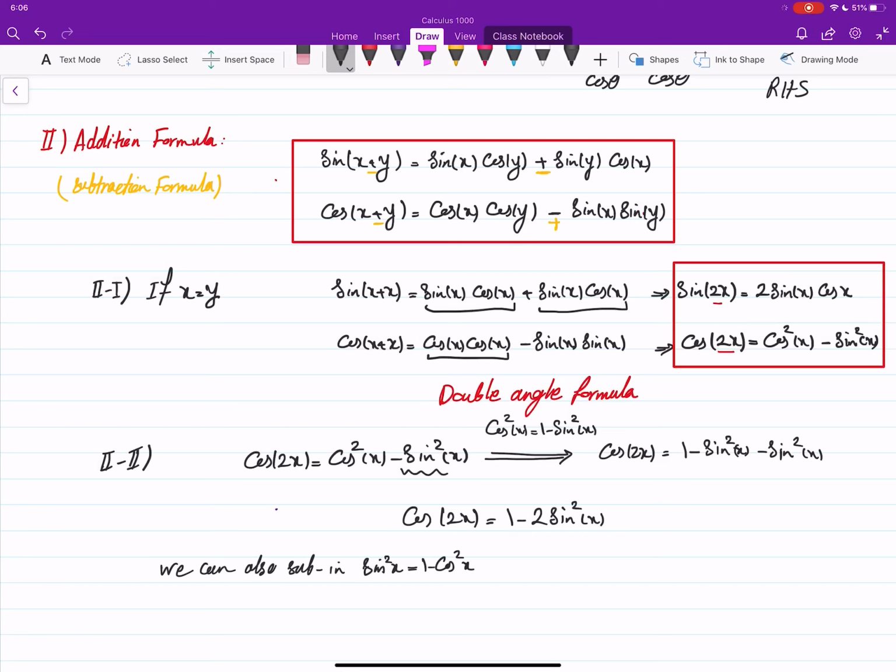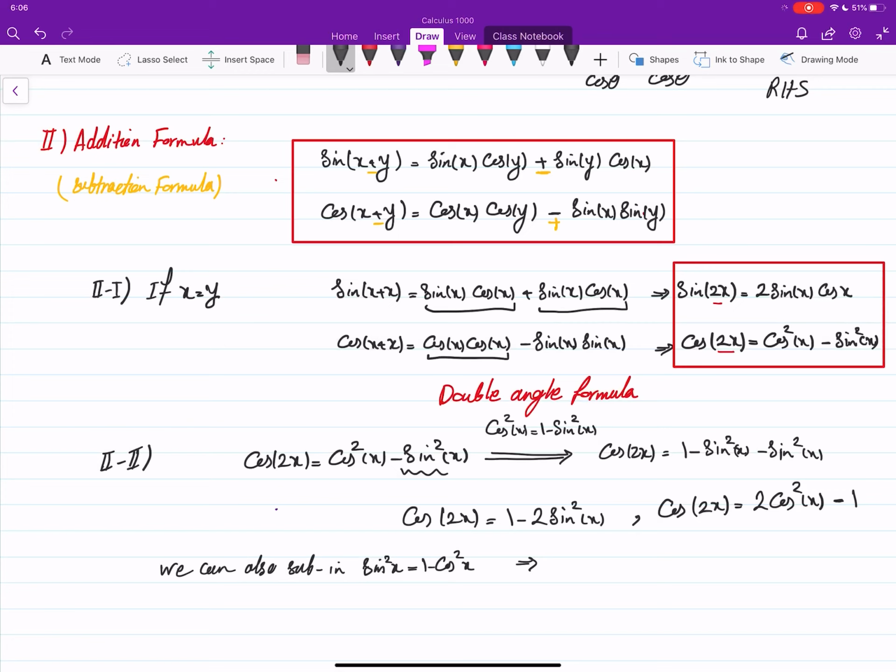And then as a result of that, this is another version of the double angle formula. So cosine 2x is equal to, this time, 2 cosine squared x minus 1.